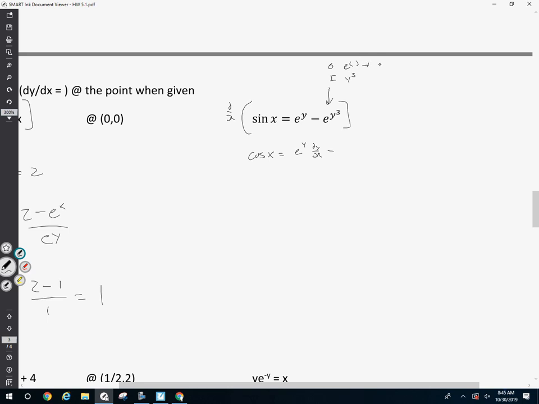The derivative of the outside, e to the power, derivative of the inside, 3y squared dy/dx. So it'd be e to the y cubed times 3y squared dy/dx. Factor out the dy/dx. Divide to solve.